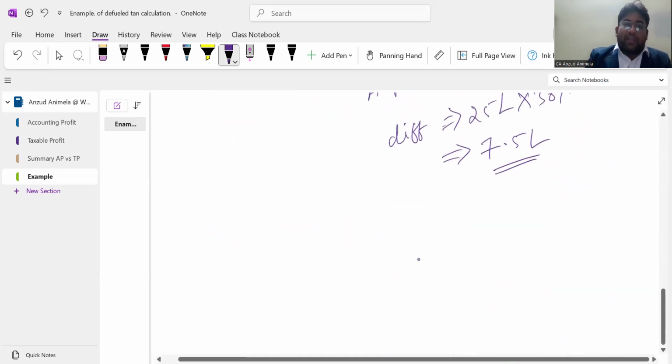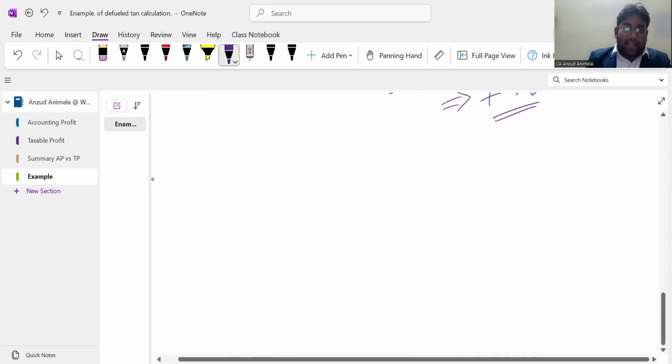The entry would be for deferred tax liability. Since you have to pay more in future, I am creating it as a liability.